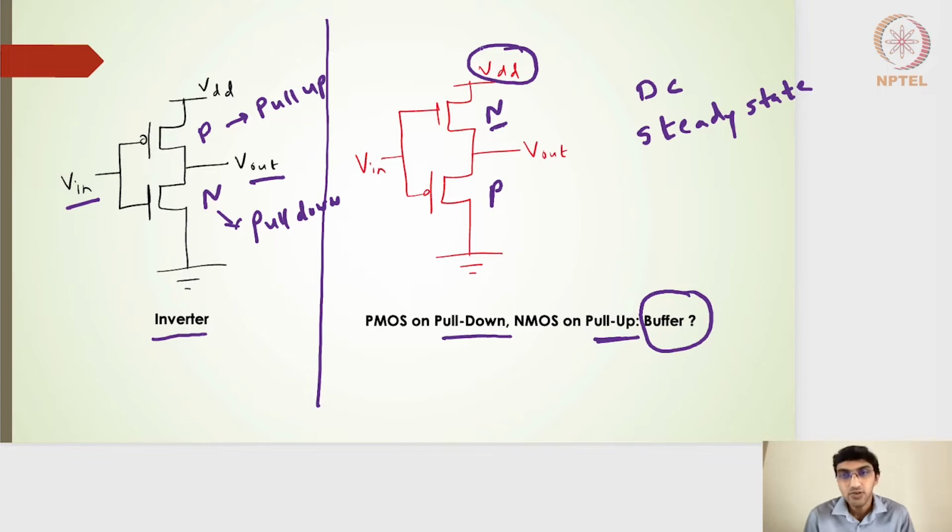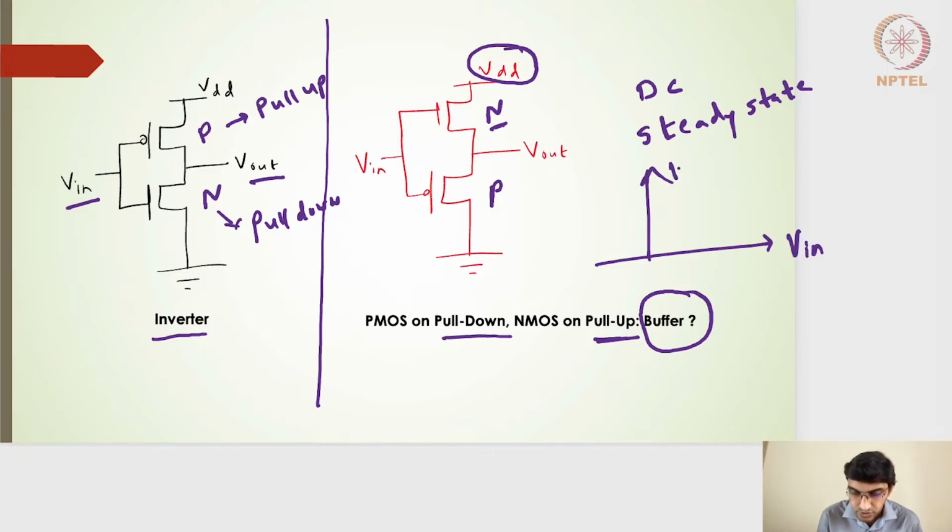Similarly, for this particular buffer circuit, we need a steady state transfer characteristics, V output versus V input. This is what we want eventually: for an input voltage, what should be the output voltage for this circuit?